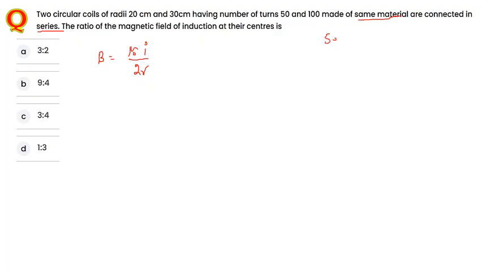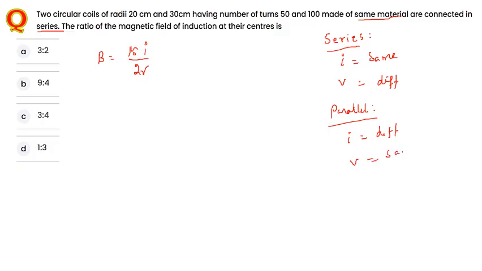In series connection, we have already seen in current electricity, the current will be the same and the potential difference V will differ. Similarly, in a parallel connection, I will differ and the potential will be the same. Hope you remember this one.